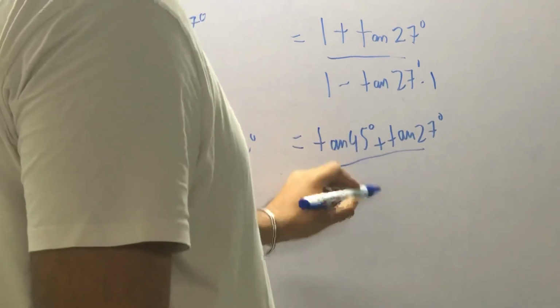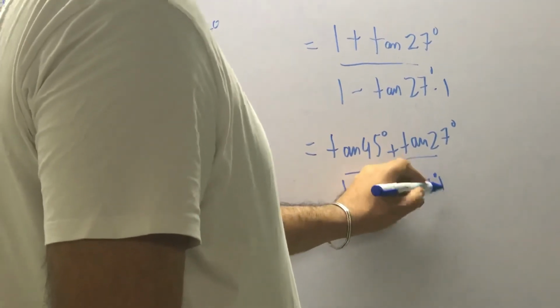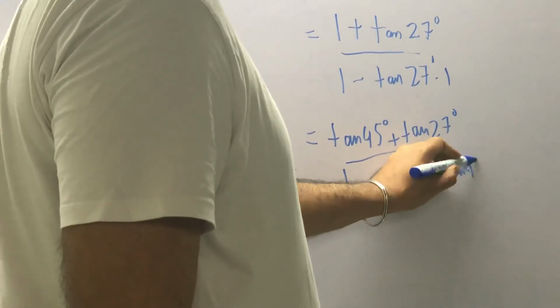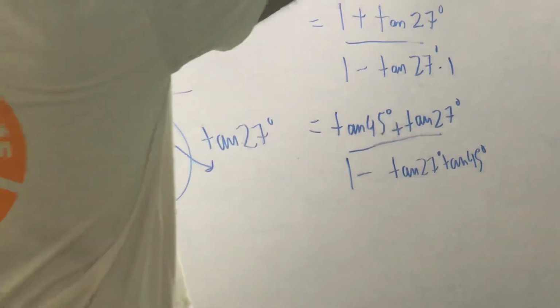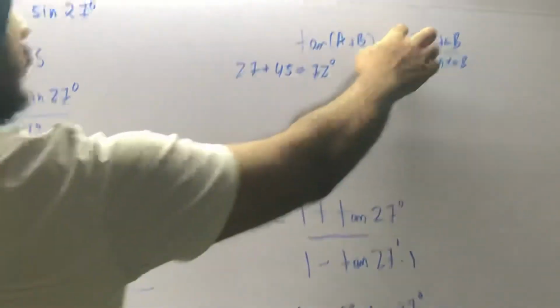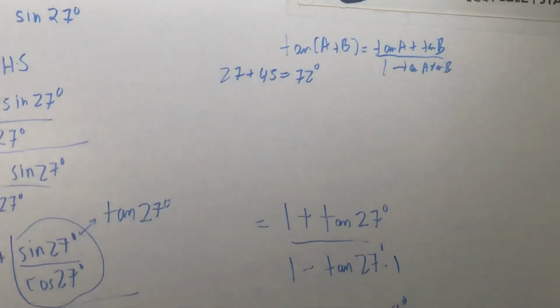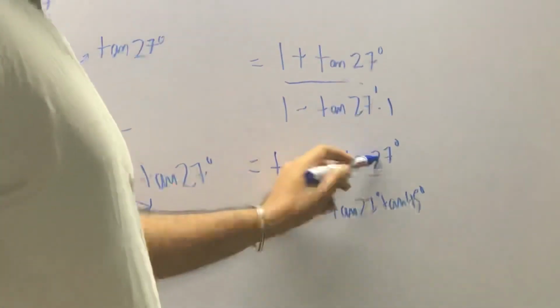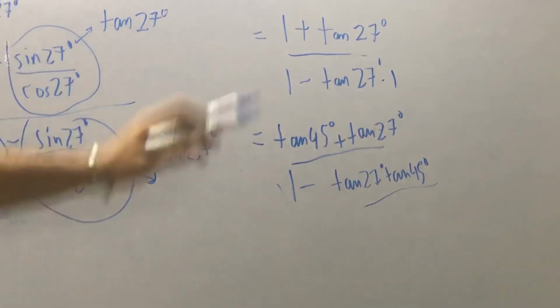Why I didn't put this one as tan 45, because I want to make this into this identity so that I can write it like this. Okay, you see why I did that? So tan A plus tan B upon 1 minus tan A tan B. What is that?